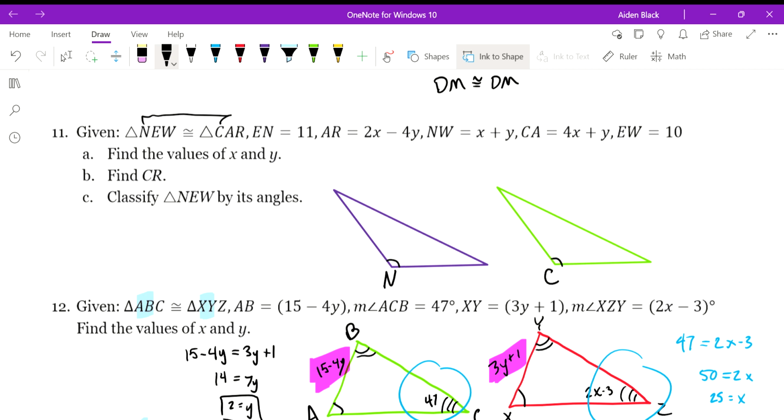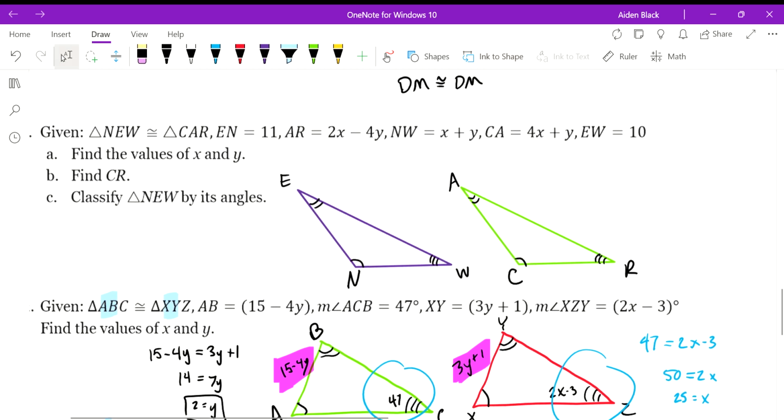E goes with A. So I'll make this E here, which means I need to make this right here A. And then finally W goes with R. So W goes here and R goes here. Give these guys the triple arc. Okay, this is going to help me clearly see what's congruent to what.